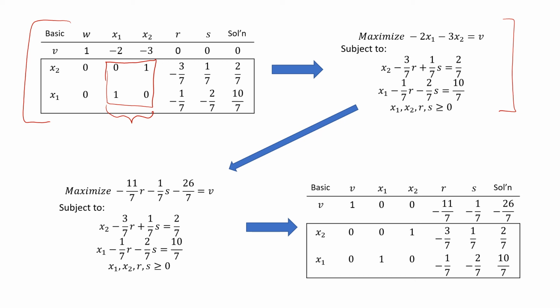Notice that the x1 and x2 are unique in the two constraints. So we can rewrite that as x1 equals something, x2 equals something, and substitute the x1 and x2 to get them out of the objective function. Because at this point they're basic variables, we want our objective function to have only non-basic variables. So after we do that substitution, we end up with this, which we can then put back in the tableau and use the simplex method.